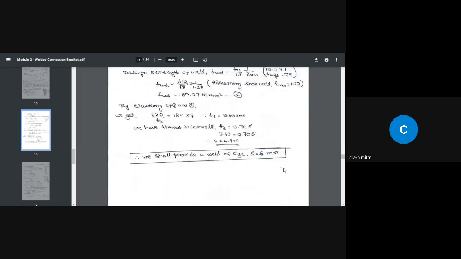So to account for this, we need to give higher depth than what is required for just F2 alone. Is it clear to you?